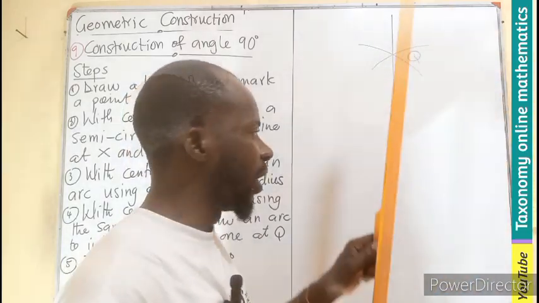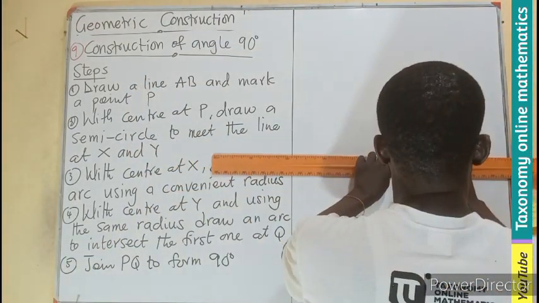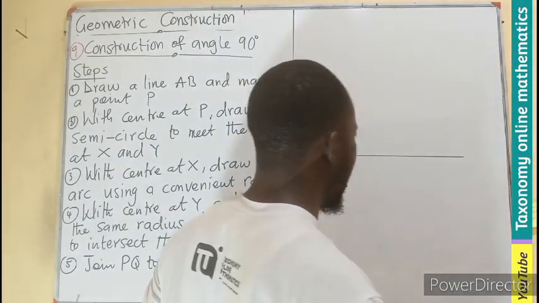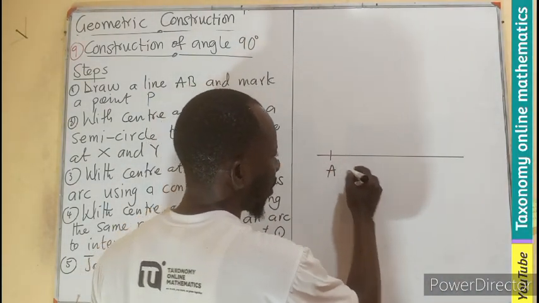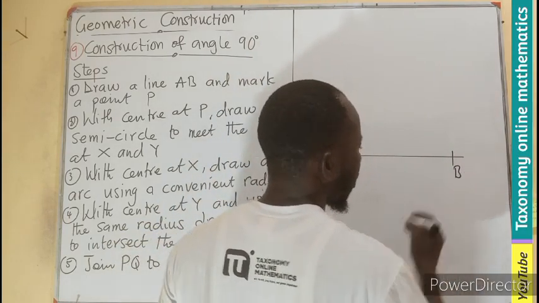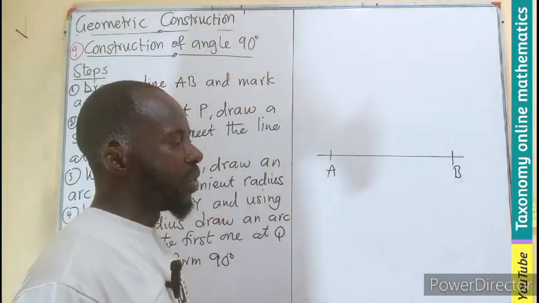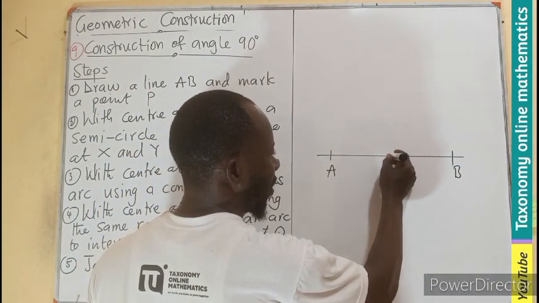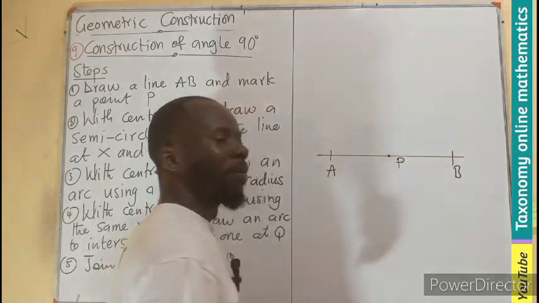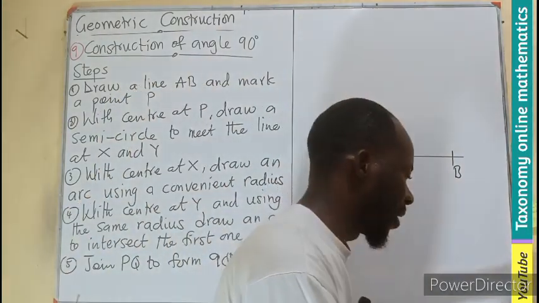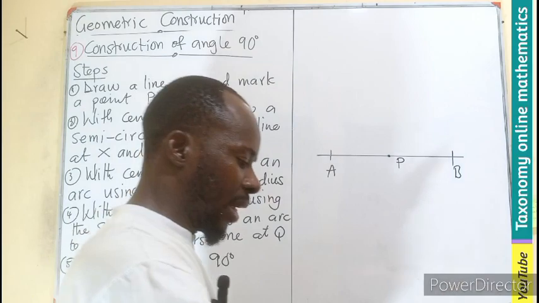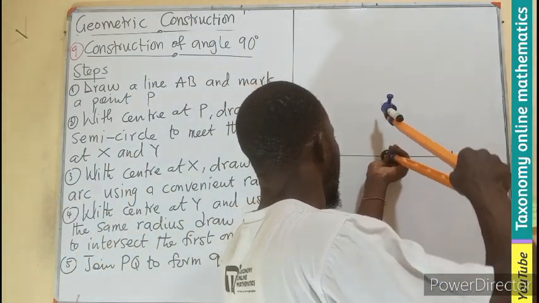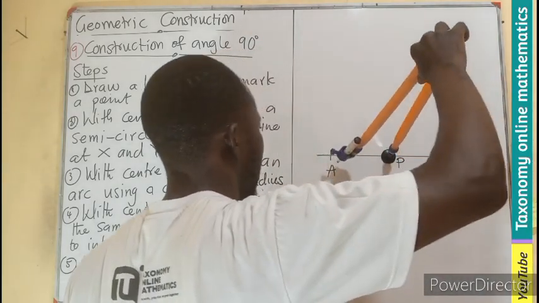So in this, the first thing we do is to construct our line segment AB. Good. Now we are going to indicate a point, let's say, P. Then with our compass now at the point P, we still draw a semicircle.